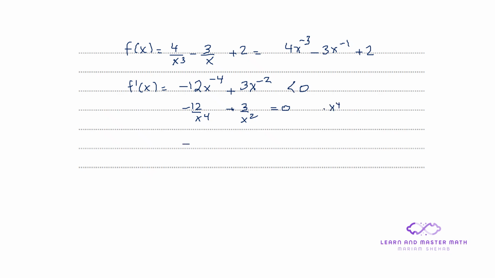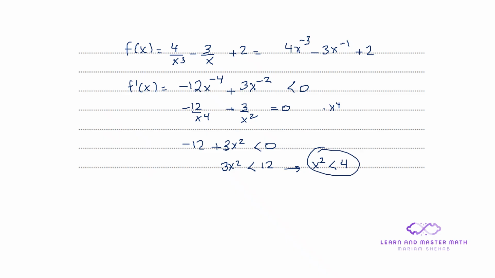This will be minus 12 plus 3x^2, which is supposed to be negative. Okay, so moving the 12 to the left side, 3x squared is supposed to be less than 12, which means if you divide by 3, x squared is less than 4.